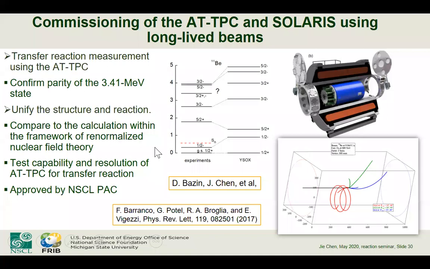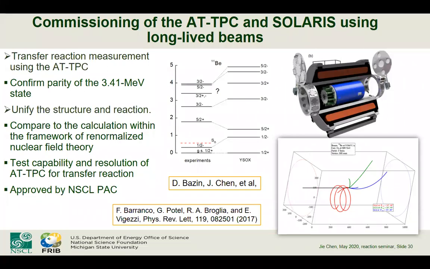Because there have been many measurements with this reaction, we can compare our result with the previous results to test the capability and the resolution of the ATTPC for transfer reactions.